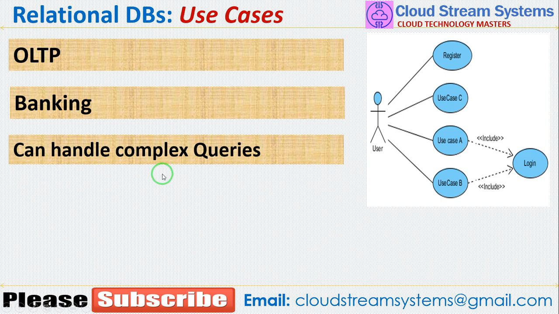Relational databases are especially useful for online transactional processing systems like banking or e-commerce applications, and, as I mentioned a couple of times, millions of rows, a couple of billions, you will be able to handle with relational databases, and complex queries as well.